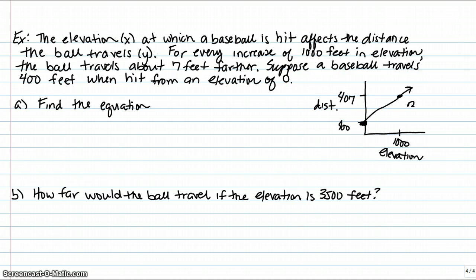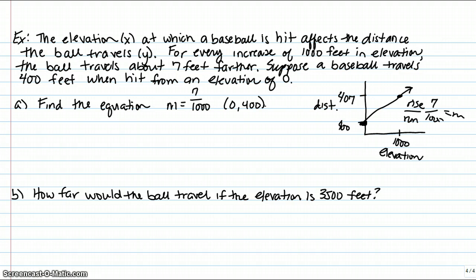So the rise is 7 and the run is 1,000. We just found the slope. Okay, so we have a slope and a point. So I'm going to write that down. The slope is equal to 7 over 1,000. And the point that we have is (0, 400).